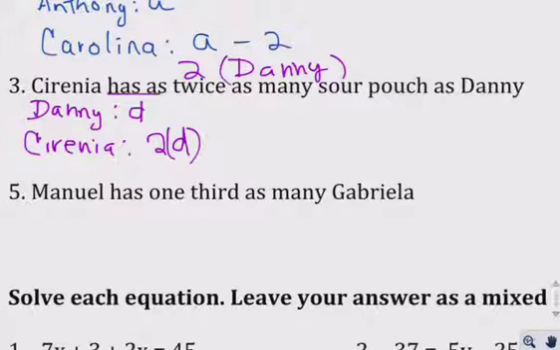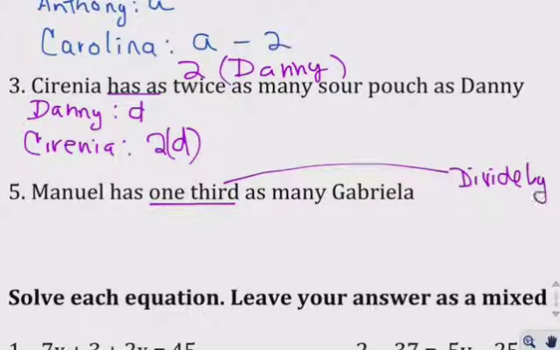Manuel has 1/3. 1/3 means divide by 3. So Manuel is Gabriel divided by 3.